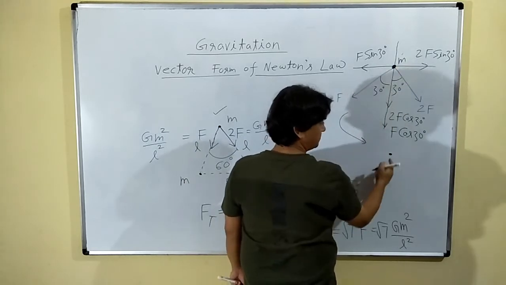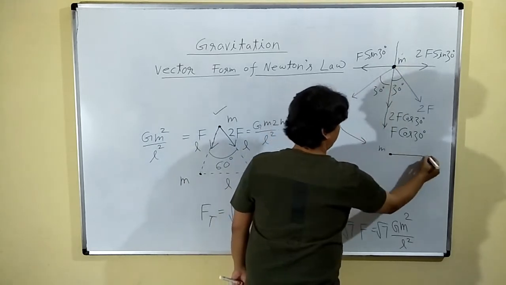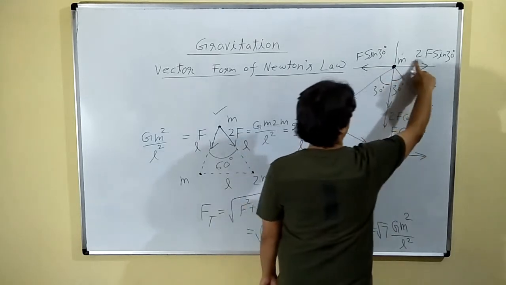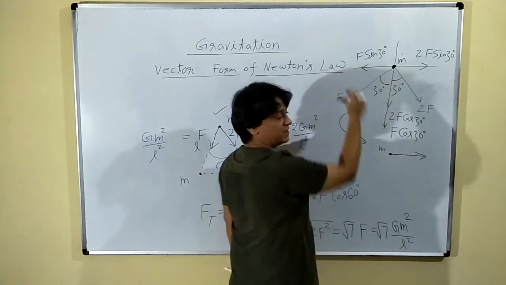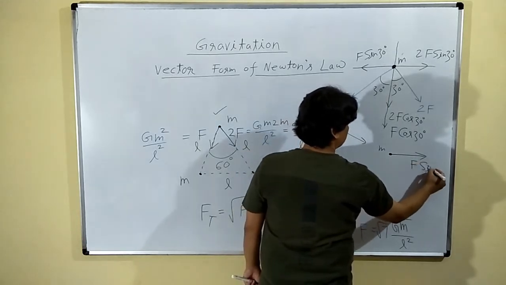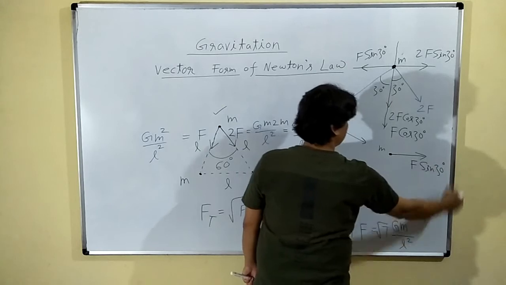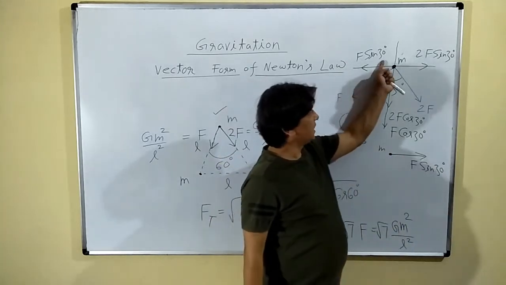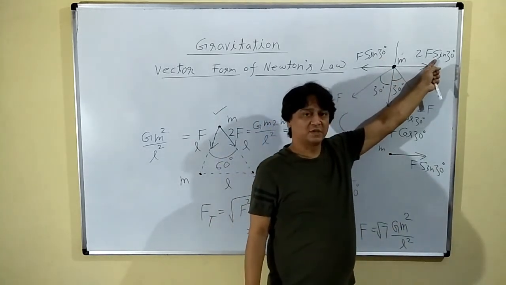On this m we have a force in this direction, 2F sin 30 minus F sin 30. What is left? F sin 30.